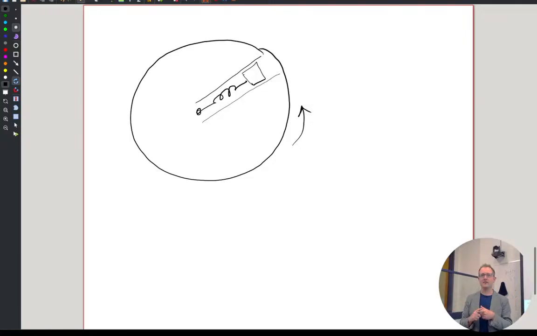Governors and a continuously variable transmission all have little weights and springs so that the faster you spin, the more it opens up, like the more resistance. The main thing is you can have something that opens up and closes.